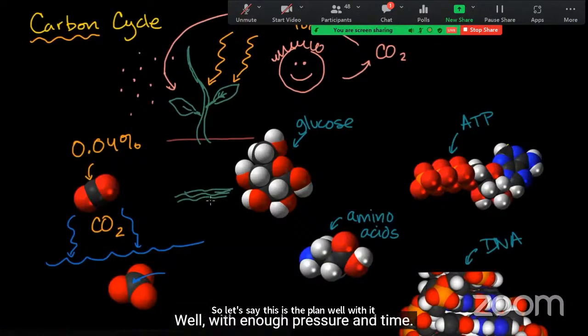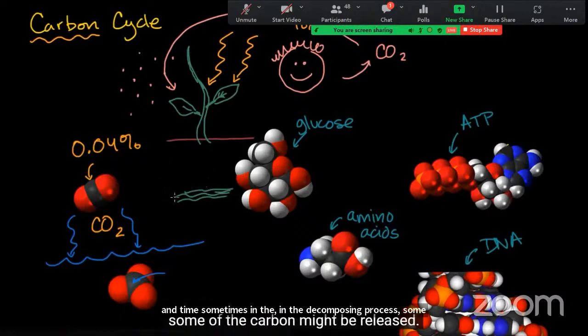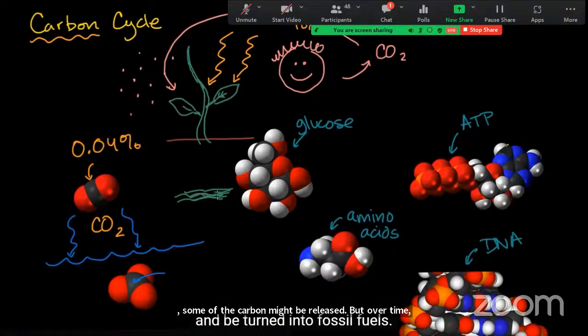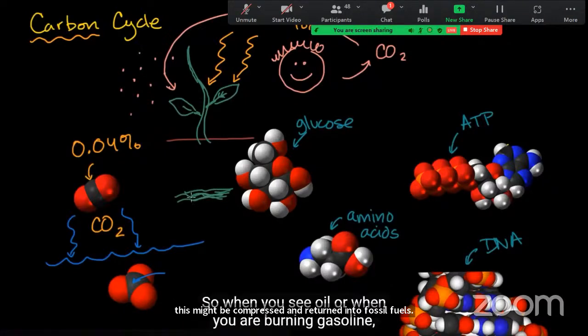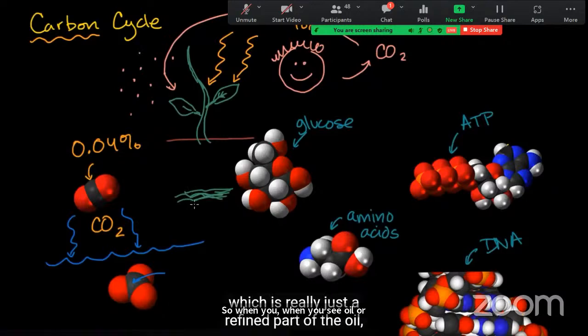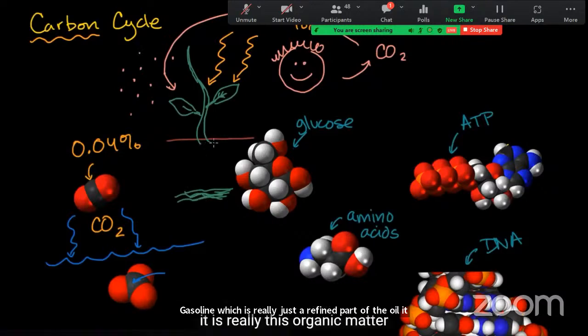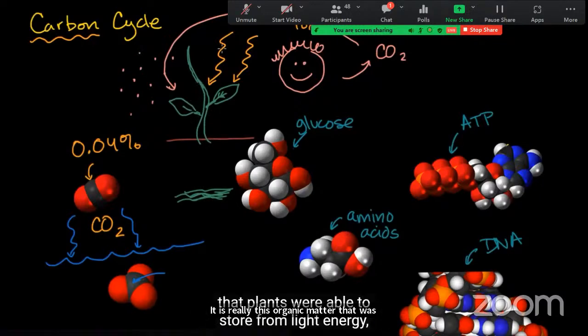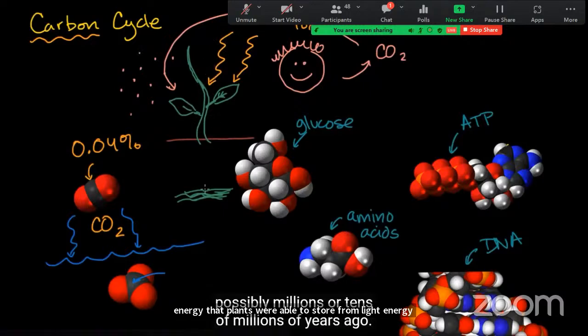Well, with enough pressure and time, sometimes in the decomposing process, some of the carbon might be released, but over time, this might be compressed and be turned into fossil fuels. So when you see oil, or when you are burning gasoline, which is really just a refined part of the oil, it is really this organic matter that's storing energy that plants were able to store from light energy, possibly millions or tens of millions of years ago.